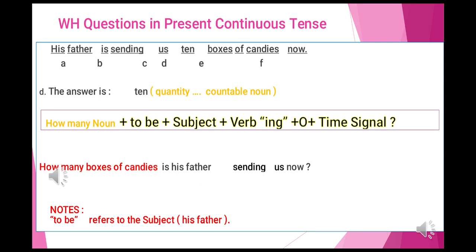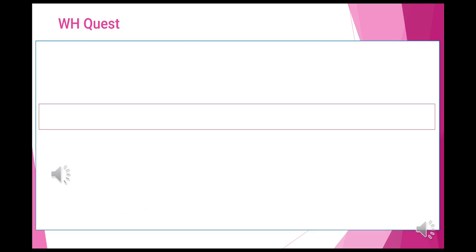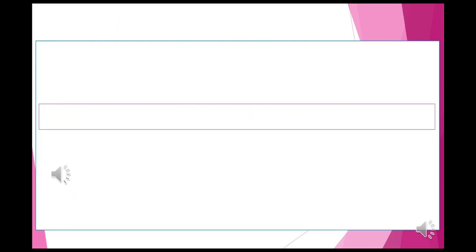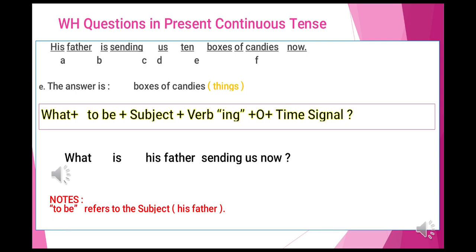Okay, now we want to know the things that his father is sending. Now if the answer is boxes of candies, boxes of candies is the thing that is being sent.